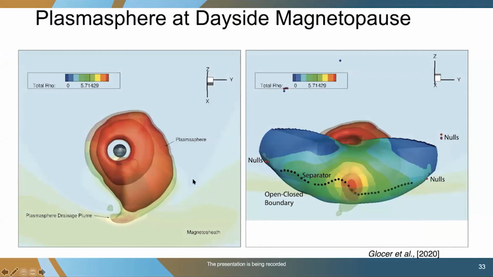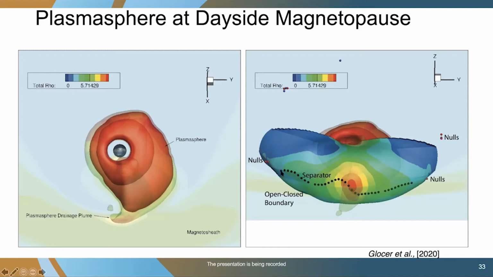And if you look on the right, this is looking from the upstream direction, and this surface is the open-closed field line boundary in the code. And what I've done is I've painted on that surface the total density, and you get this enhanced density where the plume is encountering the subsolar magnetopause.